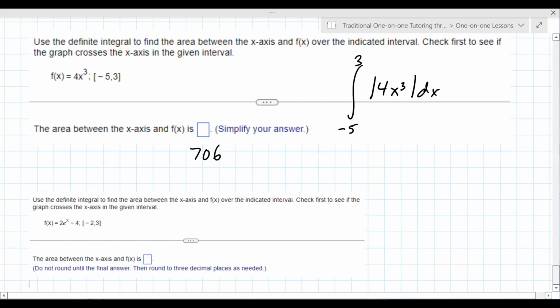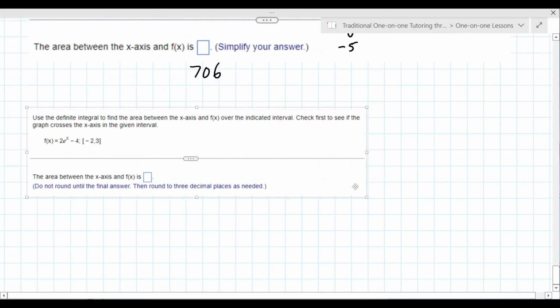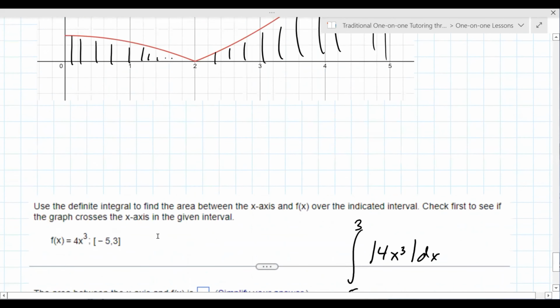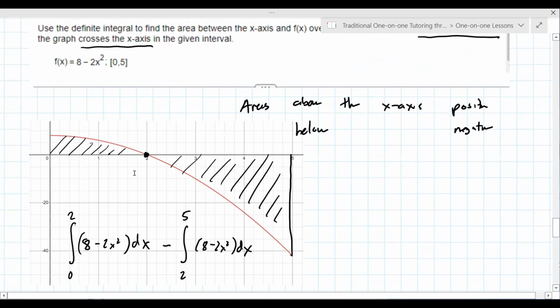Okay, so another question, very much like the one we just did. It says check first to see if the graph crosses the x-axis in the given interval. Just a workaround from a teaching perspective: you can ask a student to set it up, but not actually do it.